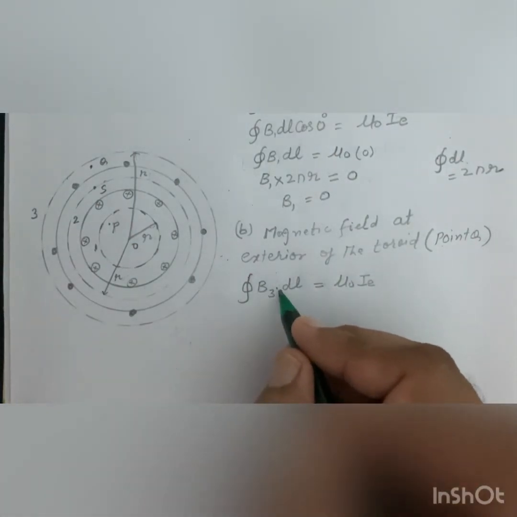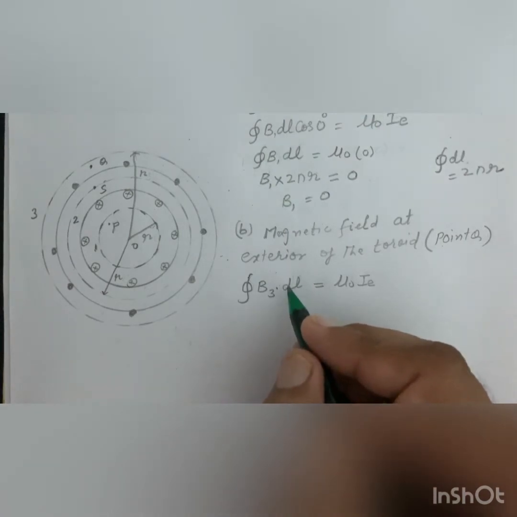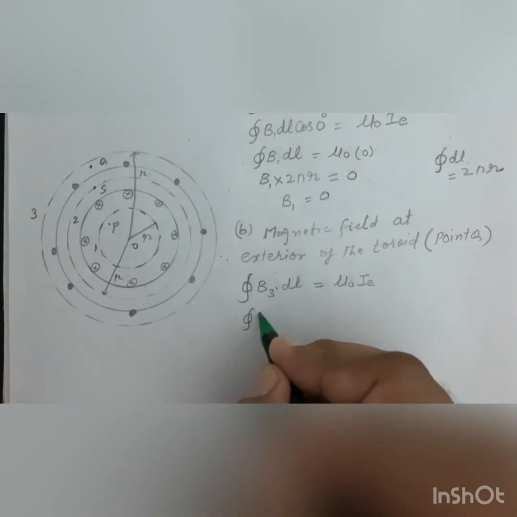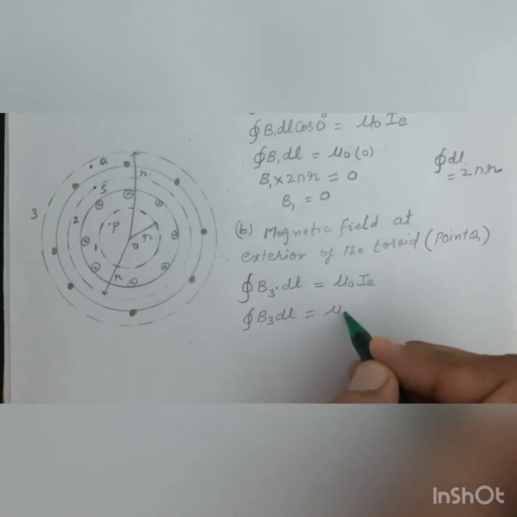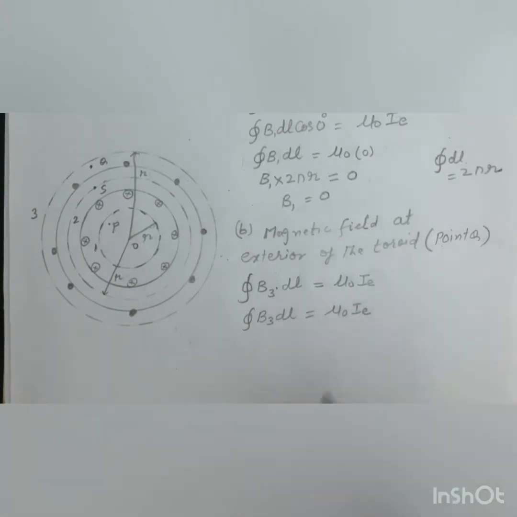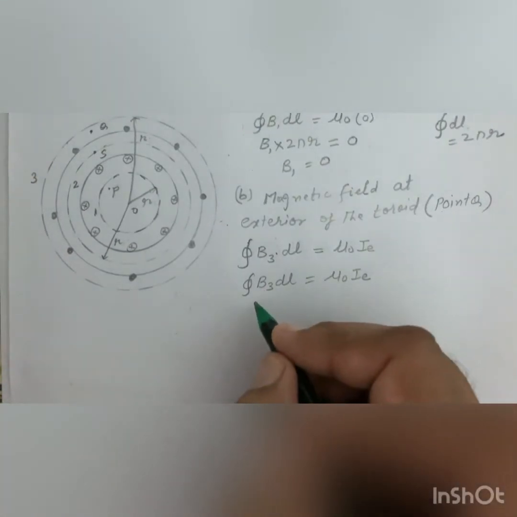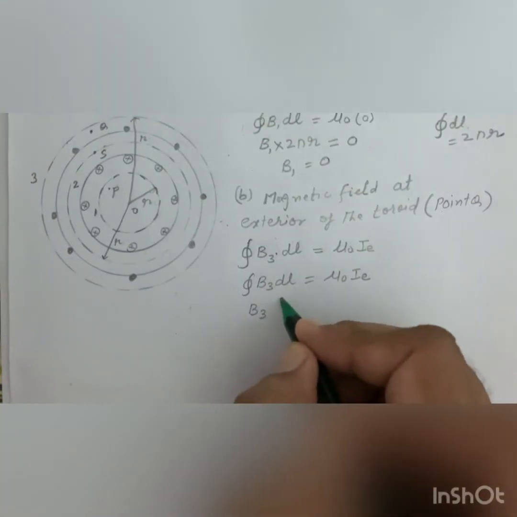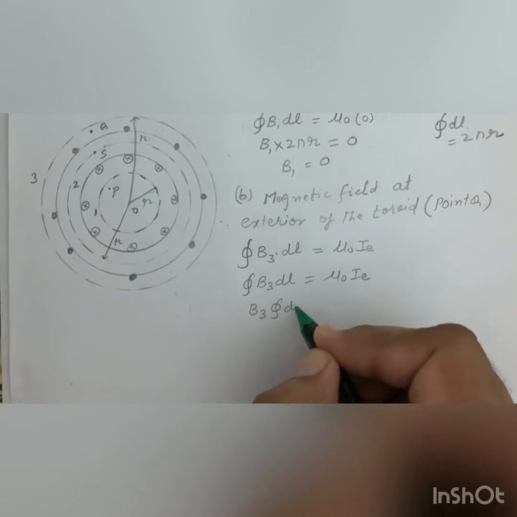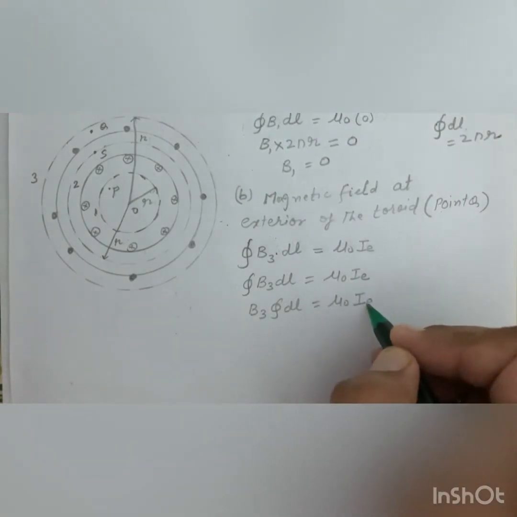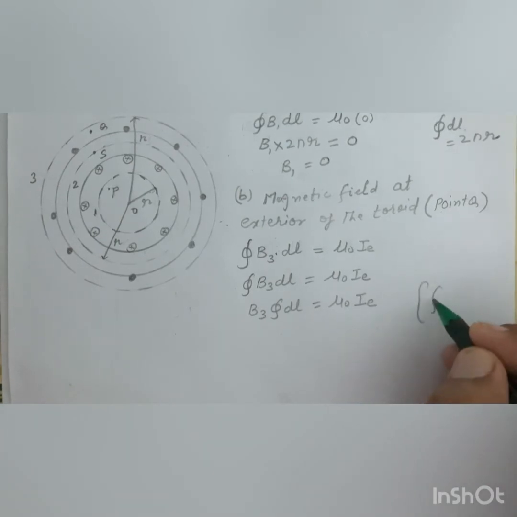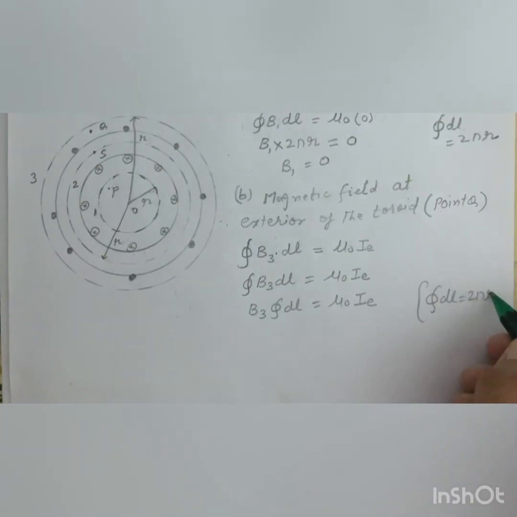Here we get B3 dl cos of 0, and cos of 0 is 1. So we get B3 dl equals mu naught I_E. Here the magnetic field is constant, so we take it outside the integral. The closed line integral of dl is equal to 2 pi r.